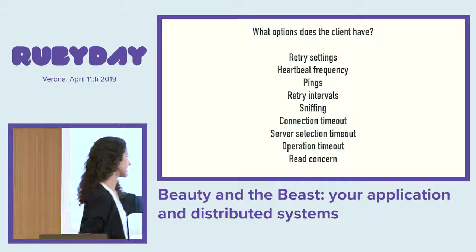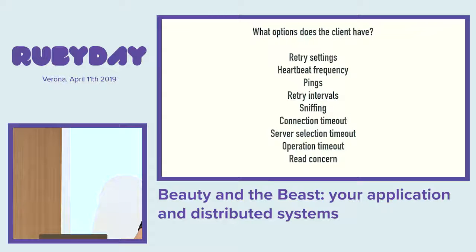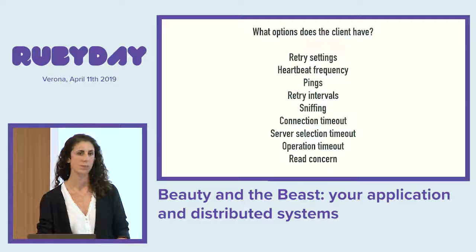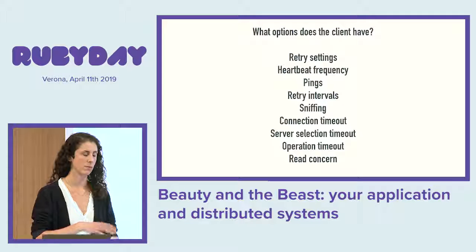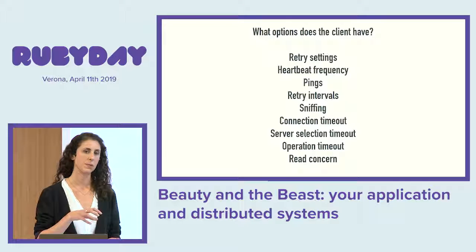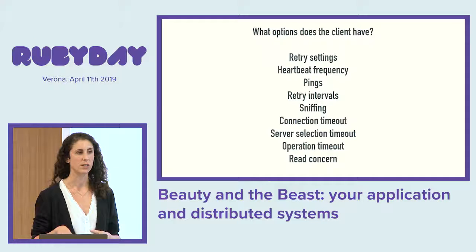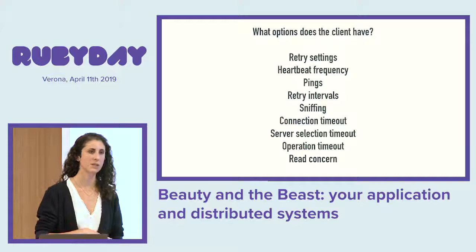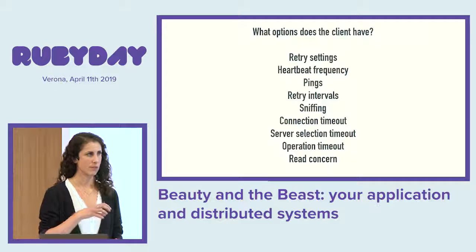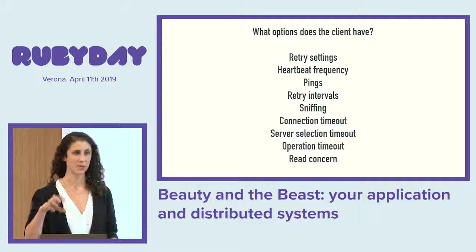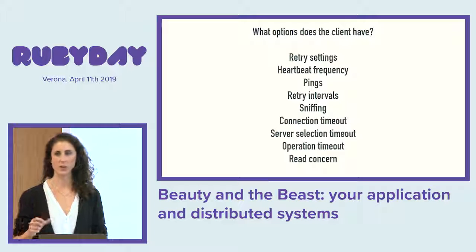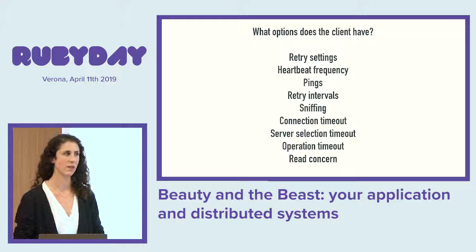This is interesting. Server selection timeout for MongoDB describes how long you're willing to wait to find a server with a specific role. So with MongoDB replica sets, MongoDB clusters, or the distributed system, nodes can have different roles, like they can be read-only, they can be arbiters, where they don't actually keep any data, they can be primaries, and if you want to do a specific operation on a node with a specific role, like a secondary, to take the load off a primary, which is taking writes, you can define how long you're willing to wait for the client to identify that node.